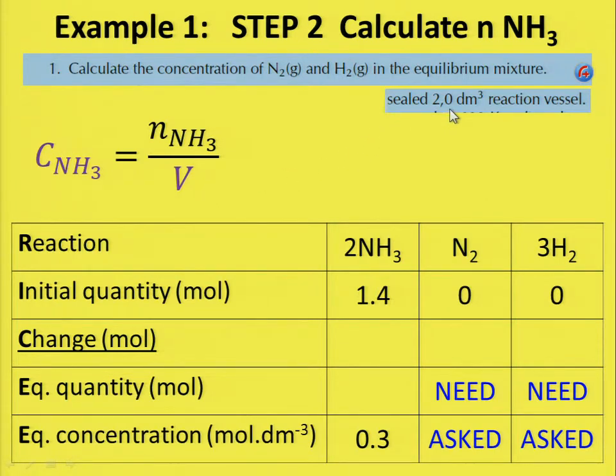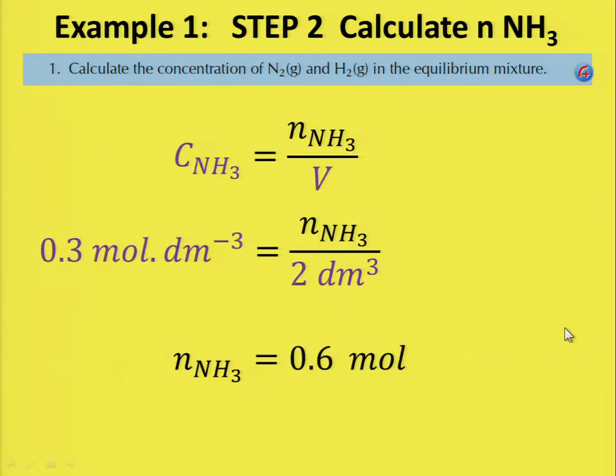And they give you the volume in the question, a 2 cubic decimeter reaction vessel. So you're going to use this equation at the end. Concentration is moles divided by volume. So the important thing now is you need the moles of nitrogen and the moles of hydrogen. So how are we going to get there?